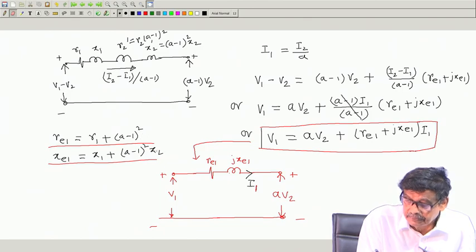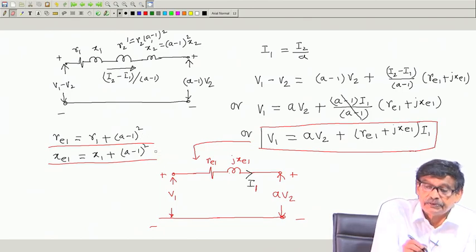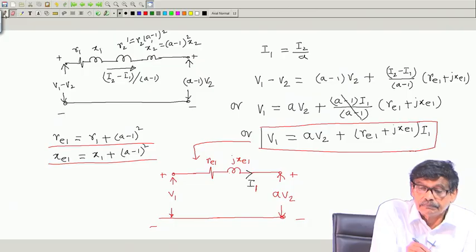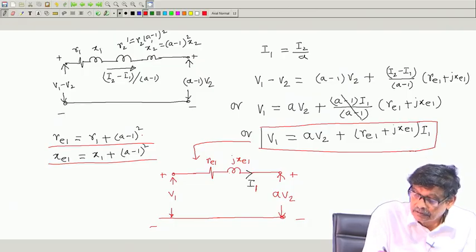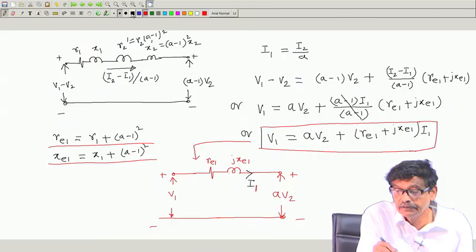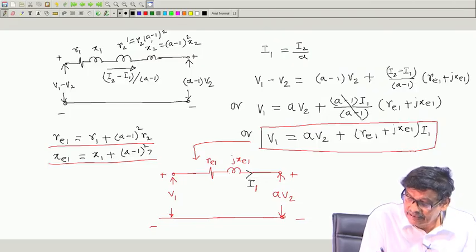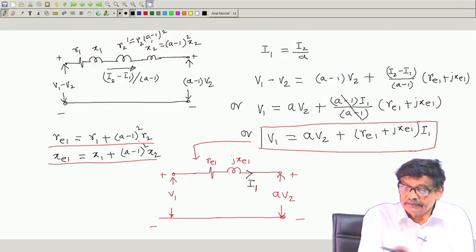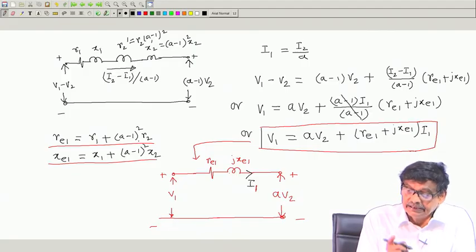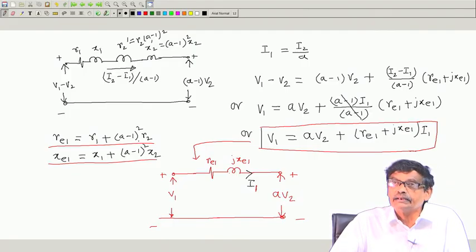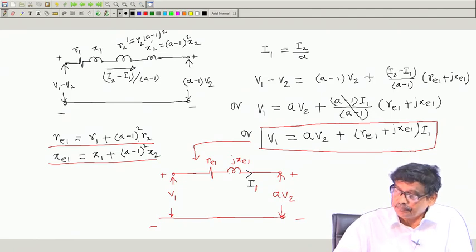This should be R 1 plus R 2, and similarly X 1 plus X 2. Please correct that. Only basic difference is the R 2 and X 2 are to be multiplied by not A square, but A minus 1 whole square. Got the point?